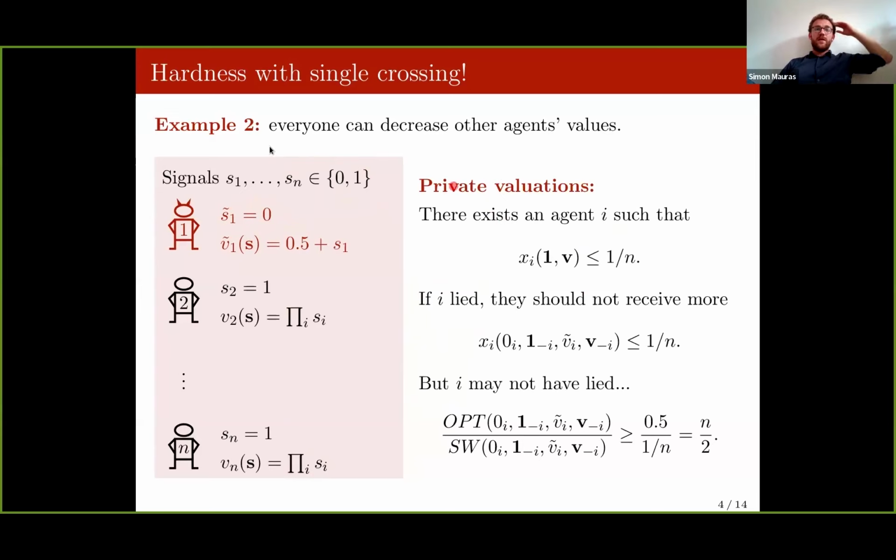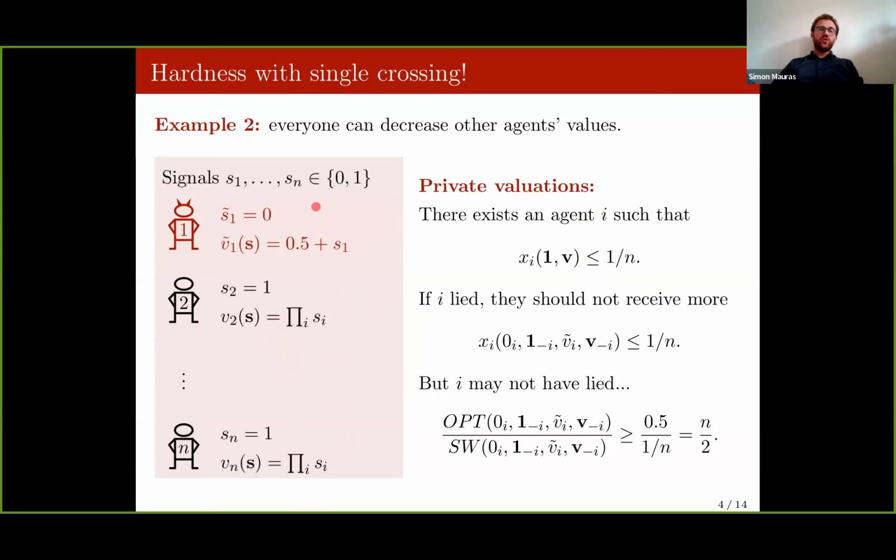Because in this fully symmetric instance, there must exist one agent i who gets the item with probability at most 1 over n in the original instance. But now this person i, say i equals 1, could lie and misreport a signal and say 0. In that case, every other agent will have a value of 0 because we have this product.